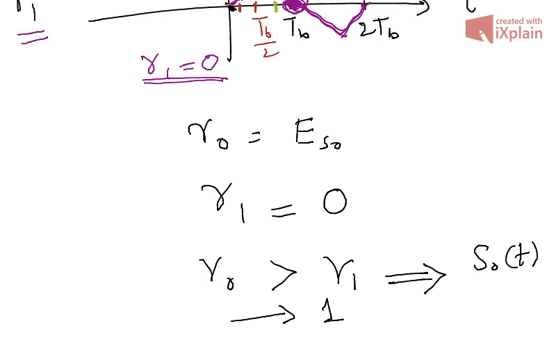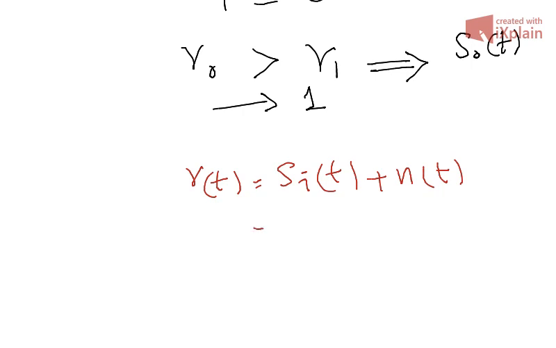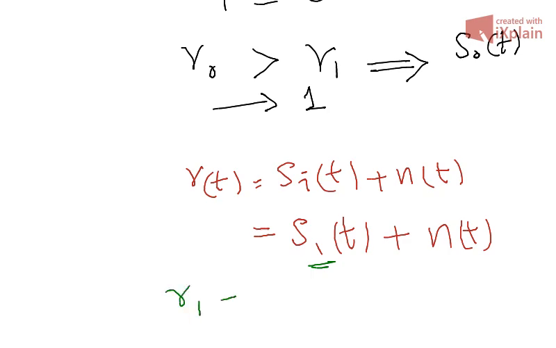Now if you repeat this process by having an assumption that your received signal r of t, which is equal to Si of t plus n of t, is actually equal to S1 of t plus noise, you would see that R1 would be equal to the energy of the signal S1, and your R0 would be equal to 0 in the absence of noise.